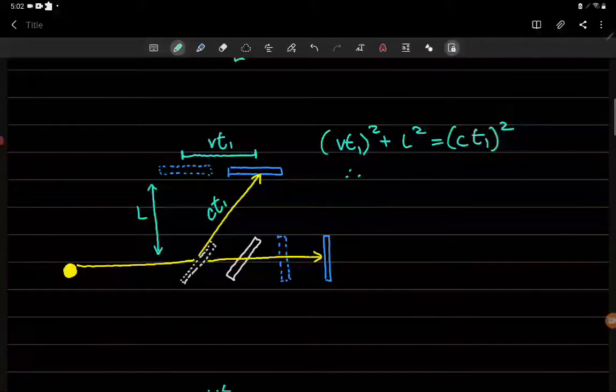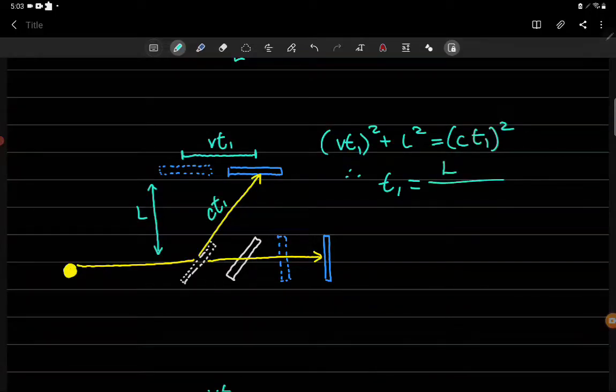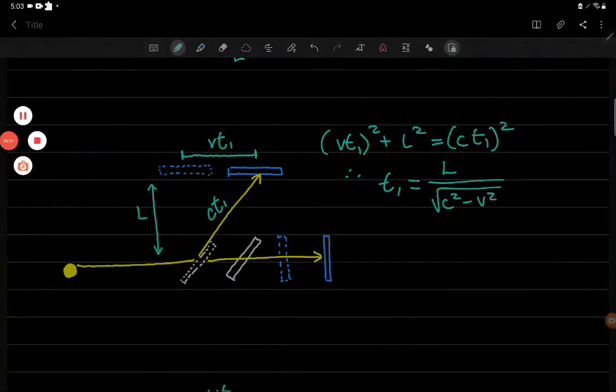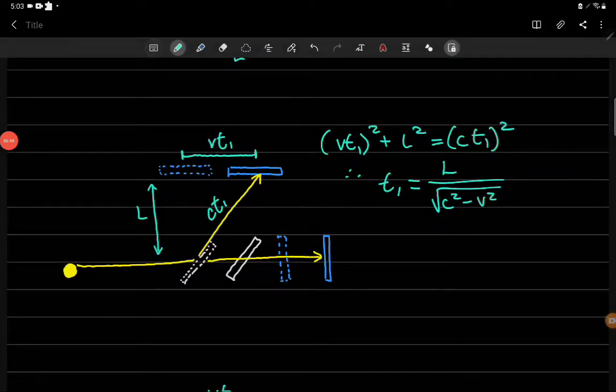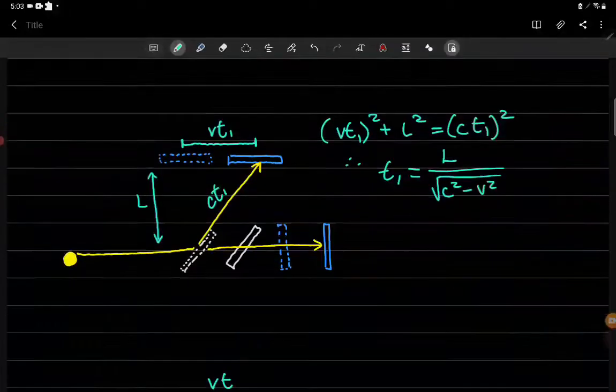I'm not going to go into the arithmetic, but if you simplify this, you should get t1 is equal to L on the square root of c squared minus v squared. We'll leave it there for now.